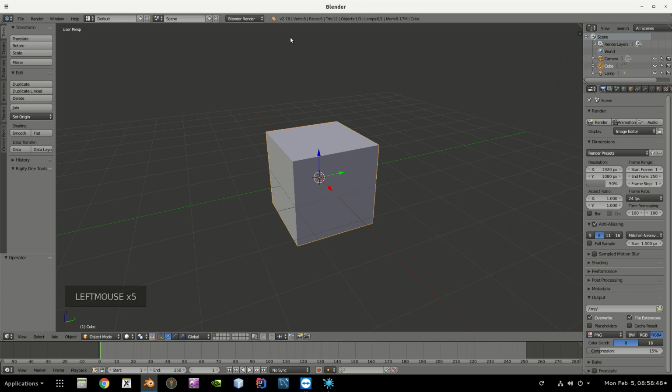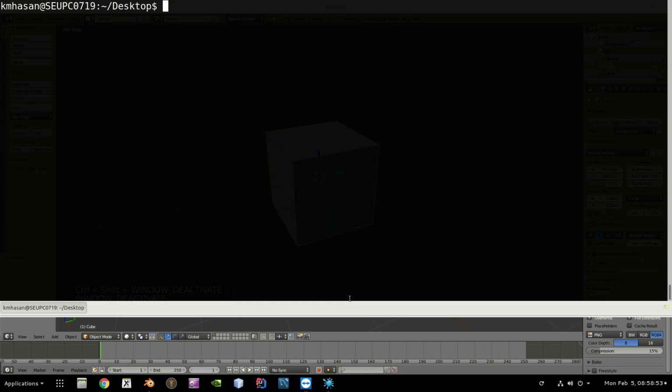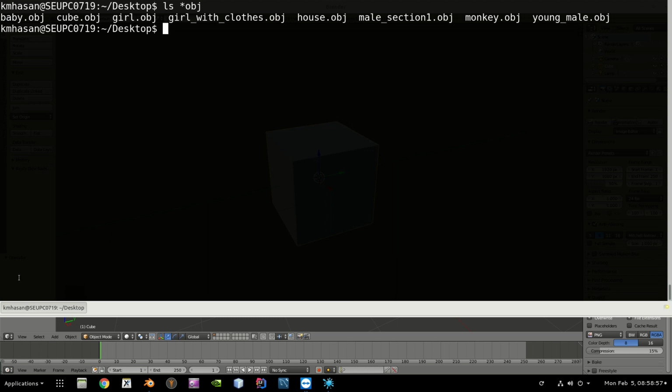Now, when we wrote that, we wrote it to a cube.obj file. Let me look for the obj files here.